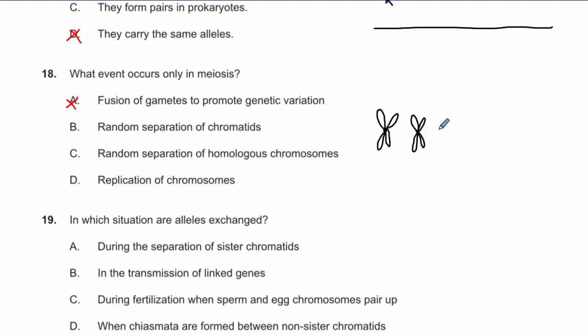It is actually random separation of the chromatids, but it doesn't matter because the chromatids have not undergone crossing over. Each homologous chromosome has two identical sister chromatids, this one and this one. So even though it's random separation in mitosis, it doesn't matter. So this is wrong because it doesn't only occur in meiosis, it occurs in mitosis also. But we don't think about it because it doesn't matter, because the chromatids are similar.